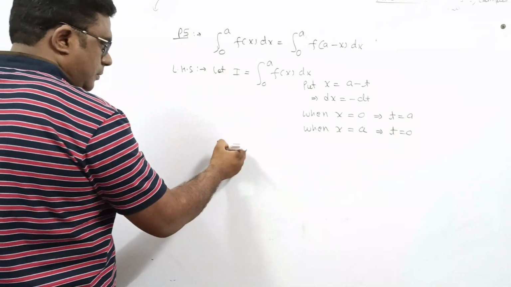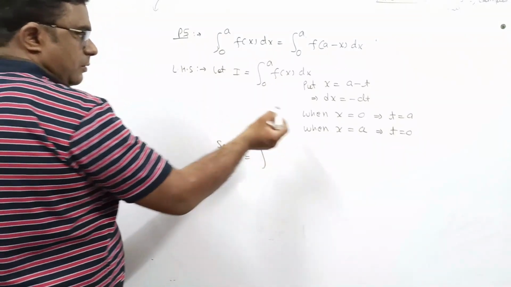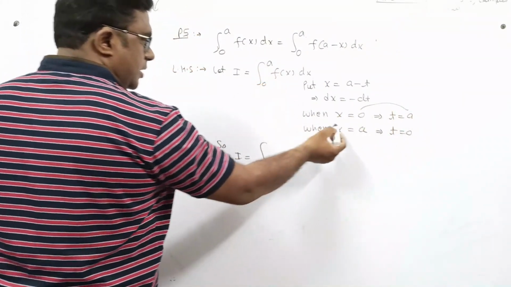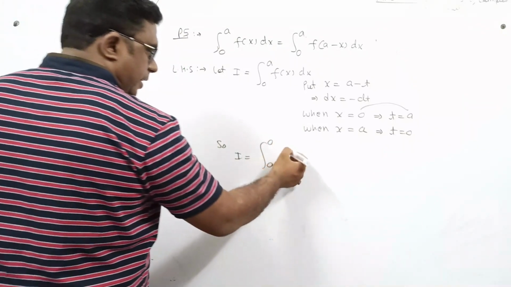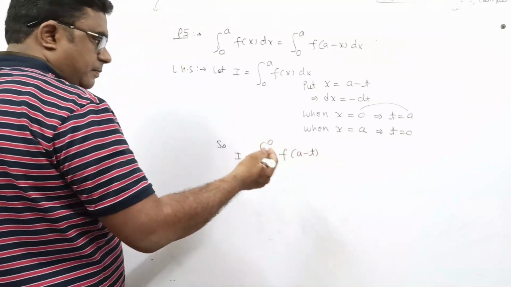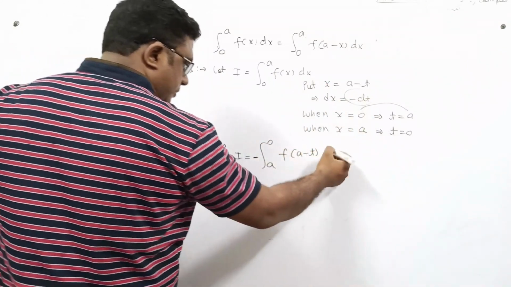So integration equal to integral, when x was 0, then t was a, and when x was a, t was 0. So limits are a to 0. F, in place of x, a minus t, and in place of dx, minus dt, minus outside.